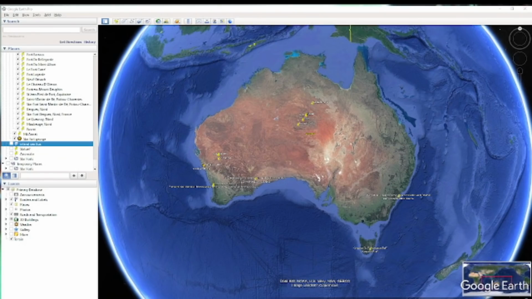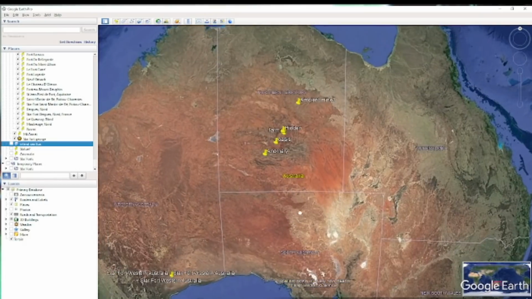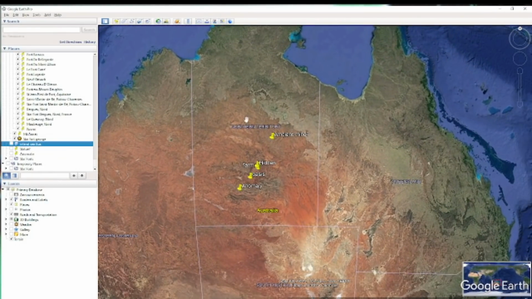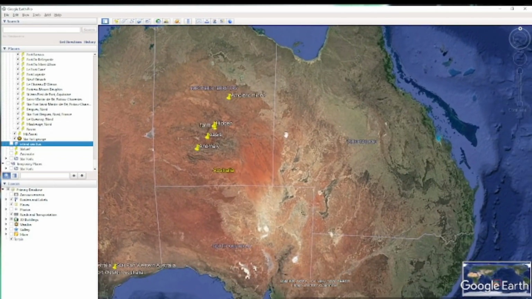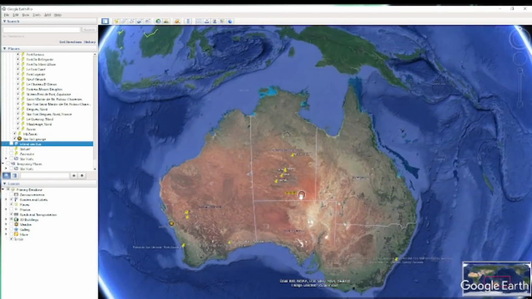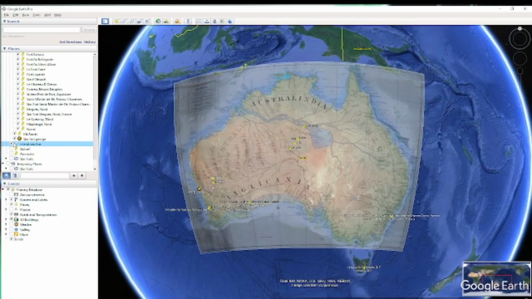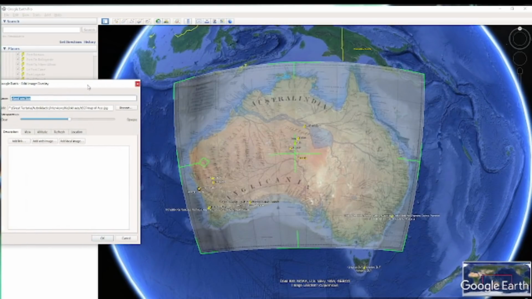Okay, so here we are on Google Earth, and if we have a look, you can't see that much. A bit of a trail down there. But what I did is I got that map and I superimposed it over the top. And as you can see, it fit pretty well.